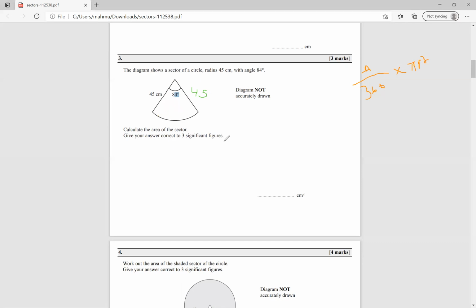84 divided by 360, let me change the color. 84 divided by 360, then times pi 3.14 times 45 squared.